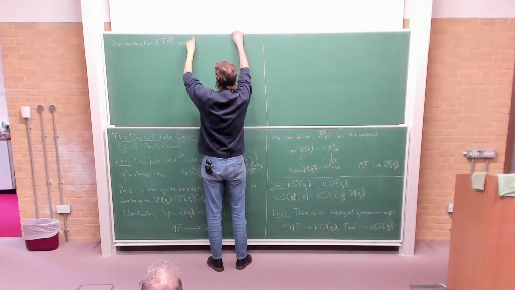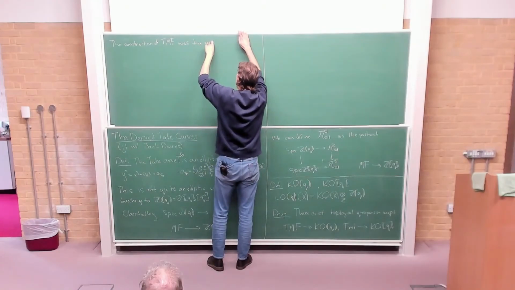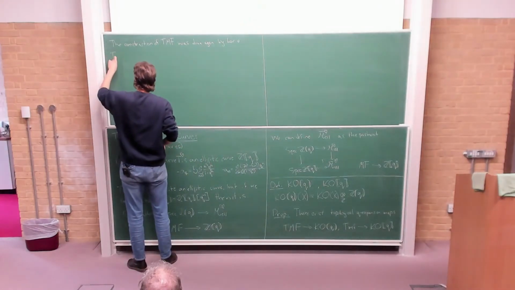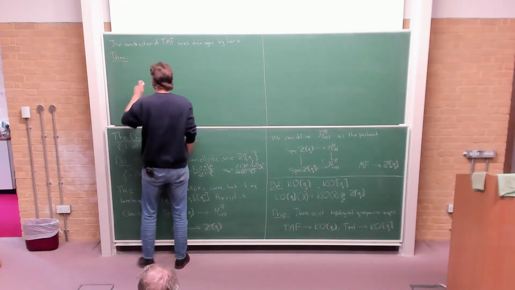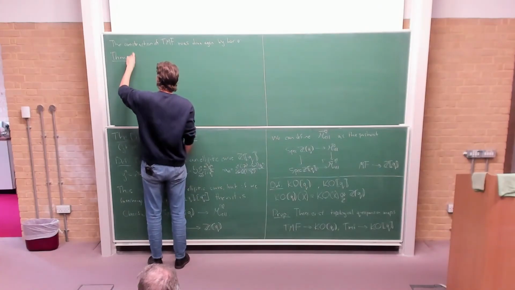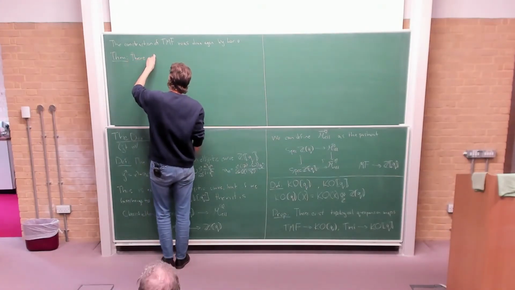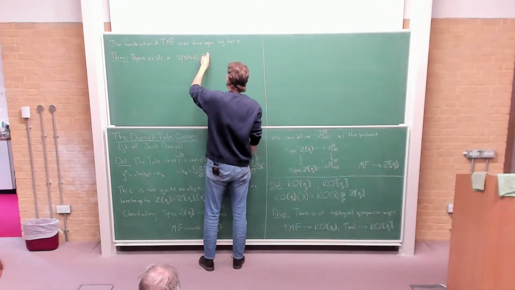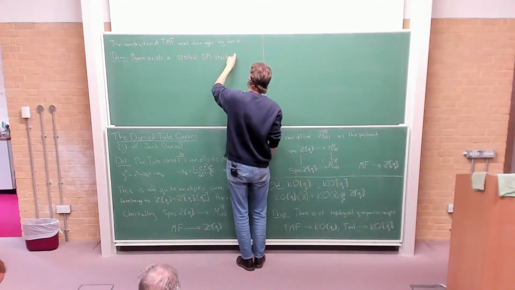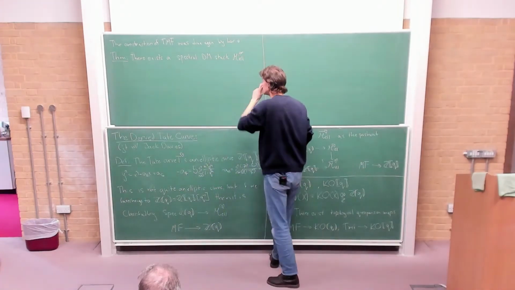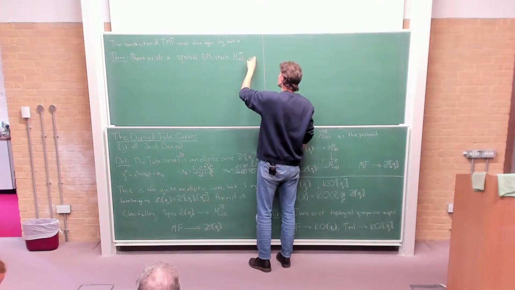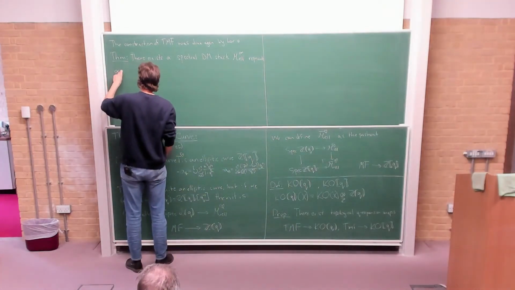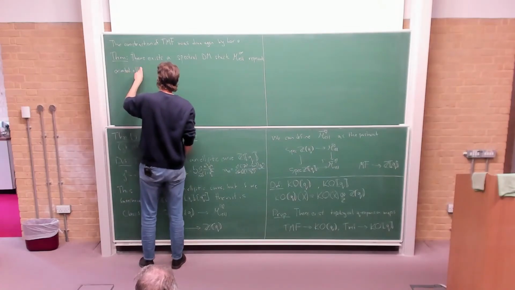So what does he prove? There exists a stack which represents so-called oriented elliptic curves.